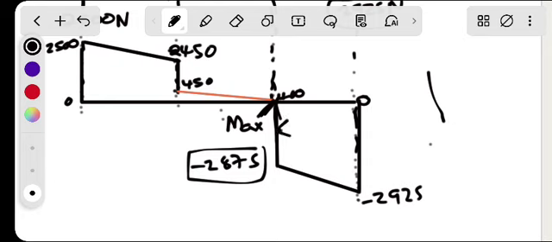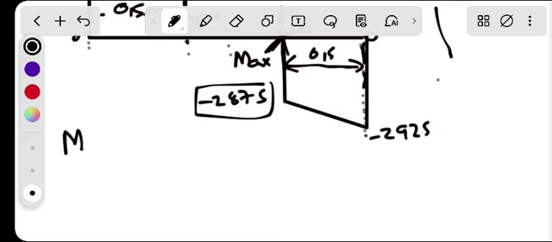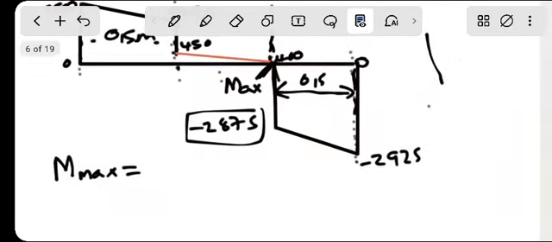This distance from here until there is 0.5 meter. All of this distance we know is 0.25 meter. All of them we know those are 0.25. It's cut there. Why it's useful is because, guys, for the maximum bending moment, when you have a distributed beam like that, you take the force that is next.